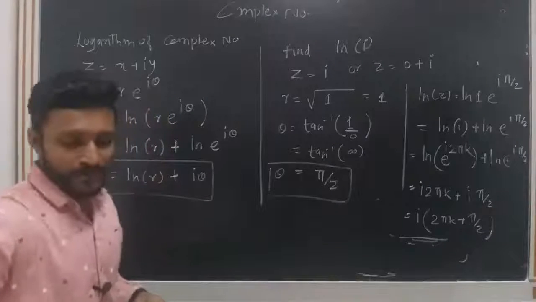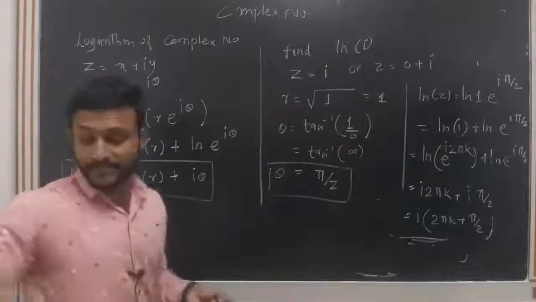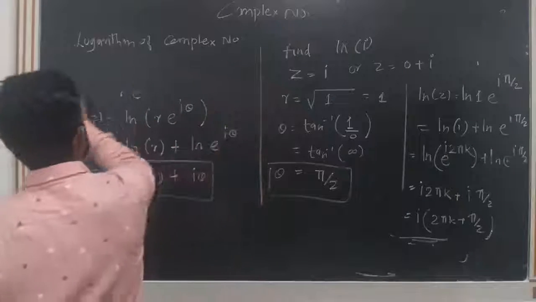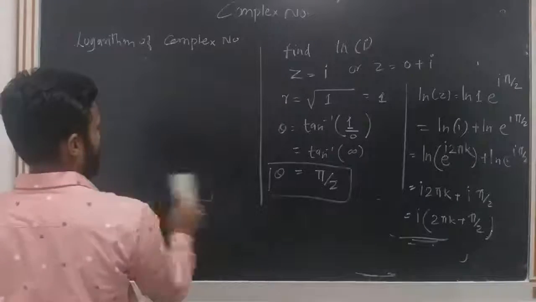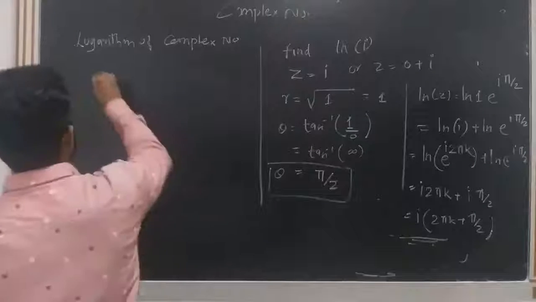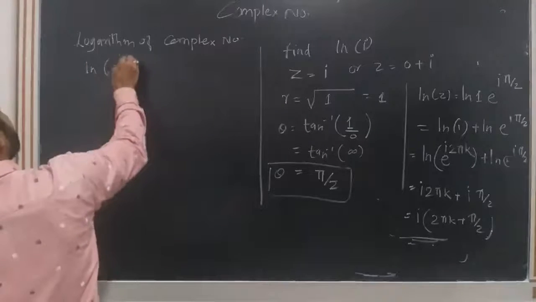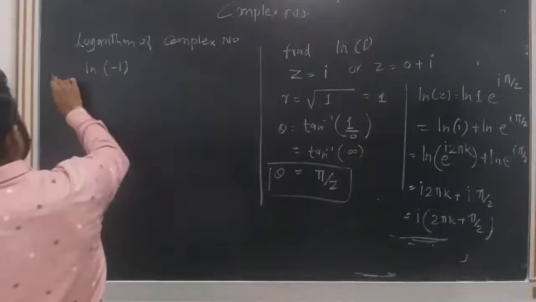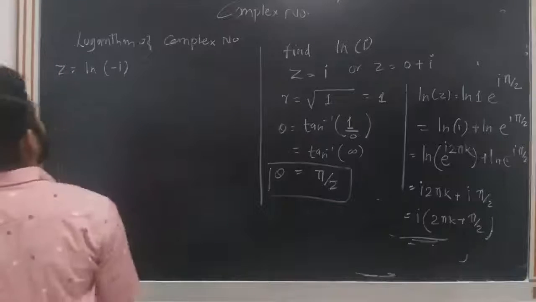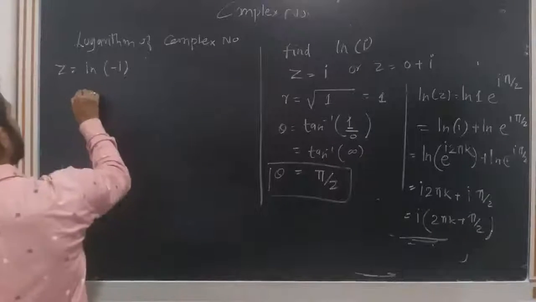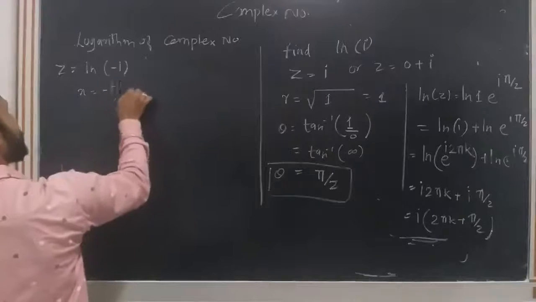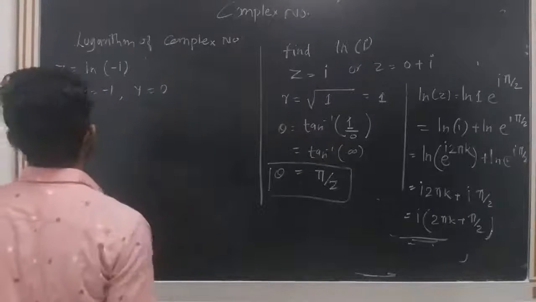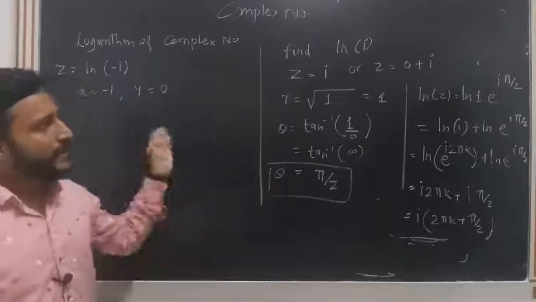Similarly, you can find out ln of minus 1. Find out the ln of minus 1. Similarly, here also x is equal to minus 1, y equal to 0, and you can find out r and theta.